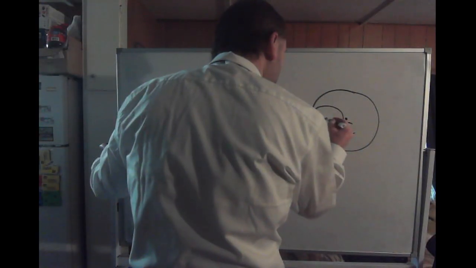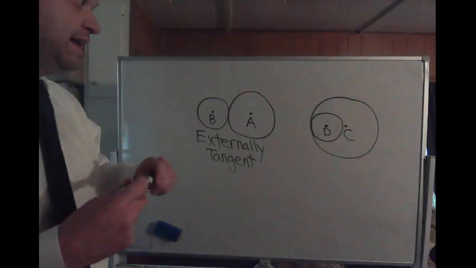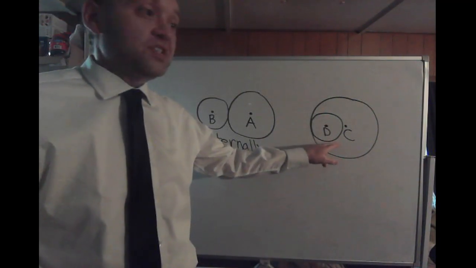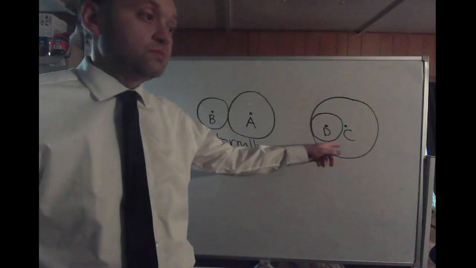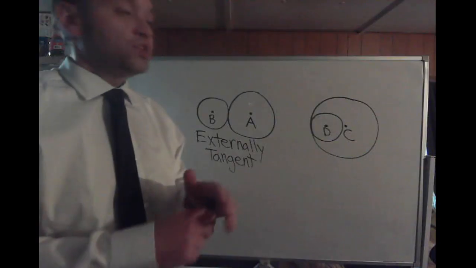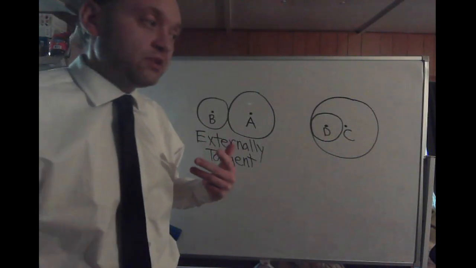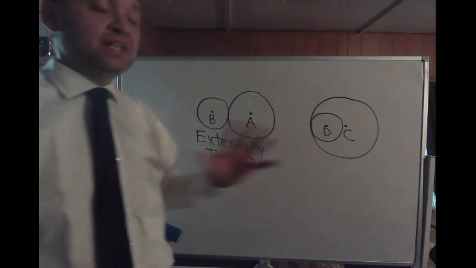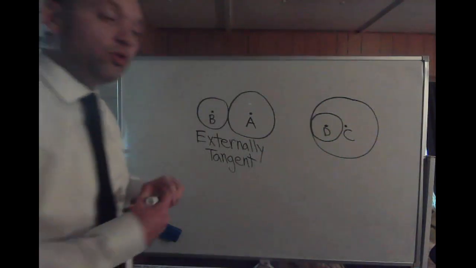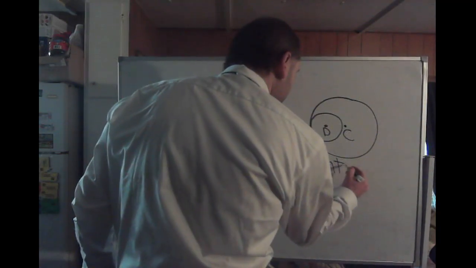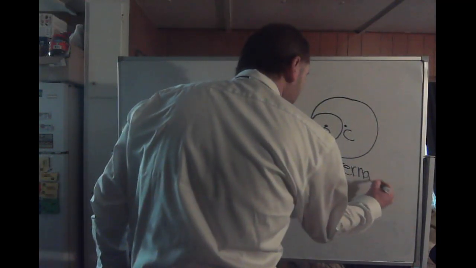Let's say we had a circle inside of another circle, but that circle that's inside touches the one circle at one point. Usually it's going to be a smaller circle inside of a bigger circle. If the smaller circle is inside of the bigger circle and touches the bigger circle at exactly one point, it's still tangent. But since it's inside, these two circles are internally tangent.